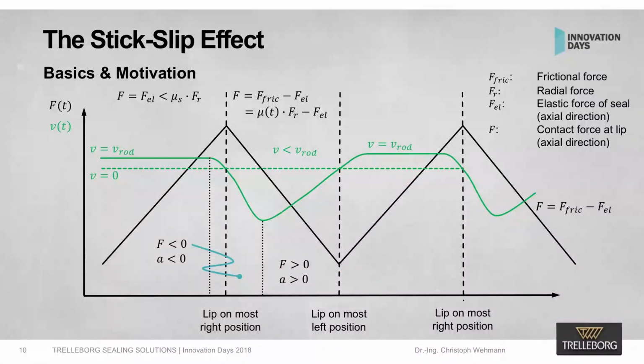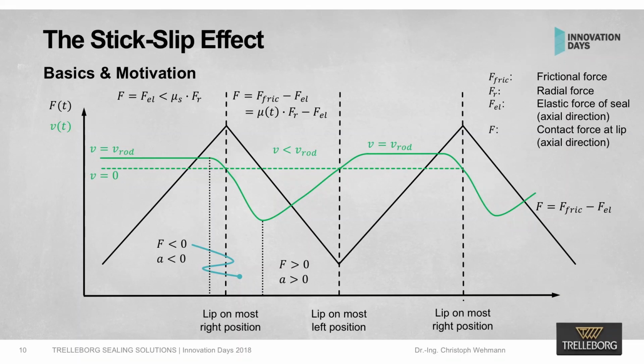And thinking about that, it is clear it can only work for slow rod movement speeds. So as soon as the rod is moving very fast, we don't have stick-slip. That's what we all see in reality too. And then when the maximum is reached, the speed becomes zero, because then the seal is no longer being compressed.